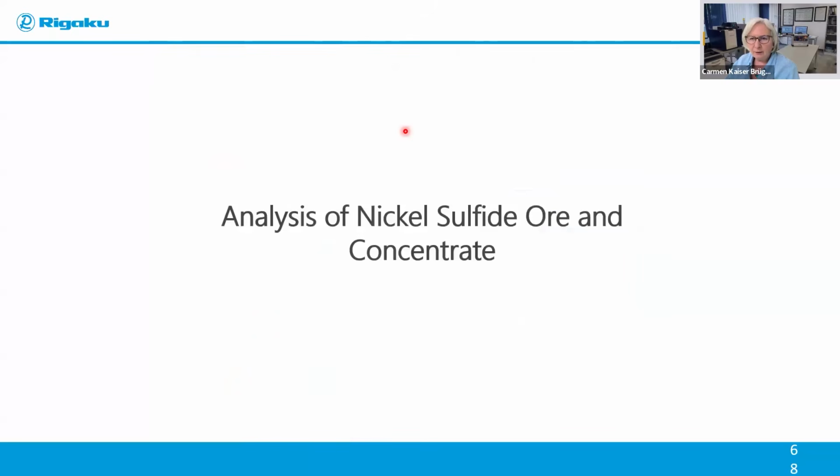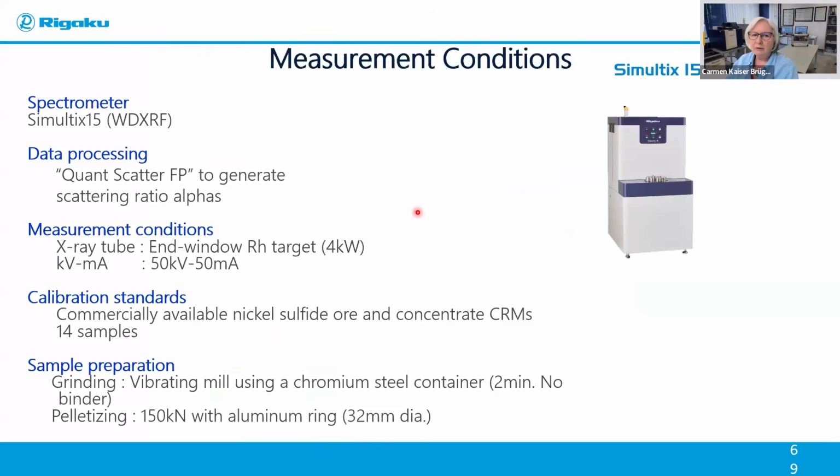The next example is to show you using a Simultex, some examples of a nickel sulfide ore and the concentrate. So the Simultex 15 is known as our top-end high throughput instrument, which is our simultaneous WDXRF. And of course, here we have some fixed channels.